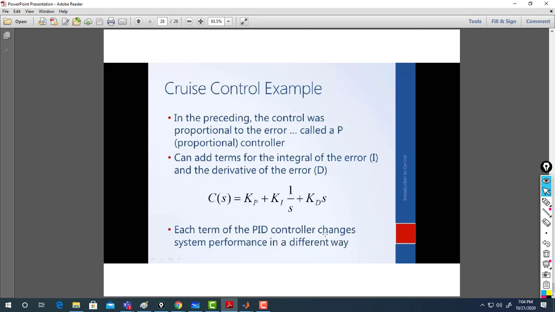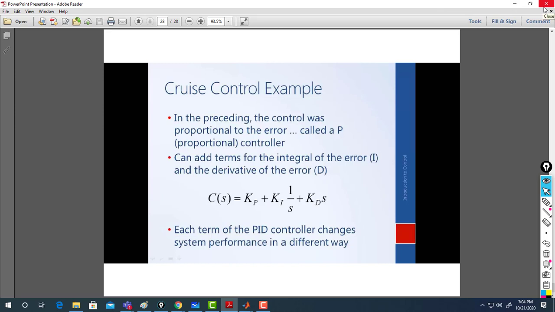Each term of the PID controller changes system performance in different ways. So now we learned how the proportional term affects the system performance. Later we'll learn how the integral term and the derivative term will affect the system performance, and overall how we could tune our PID. Okay. Any question regarding this chapter?